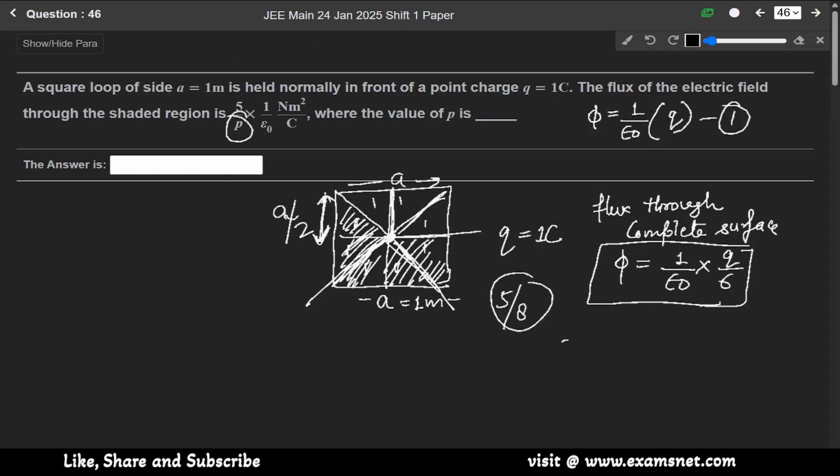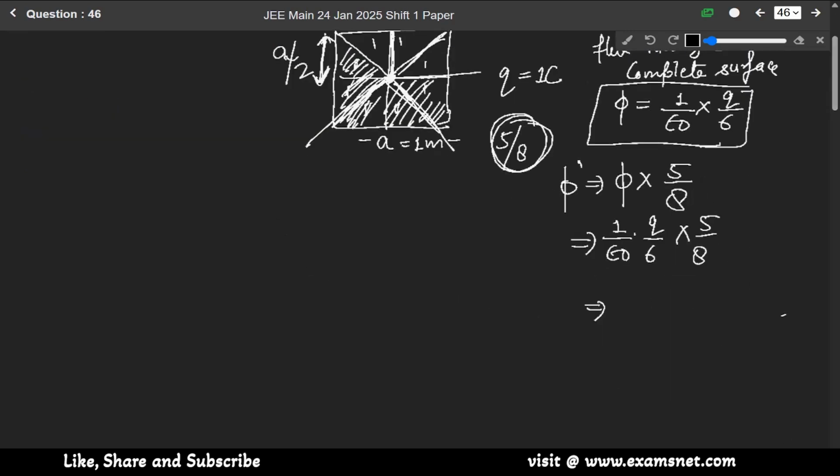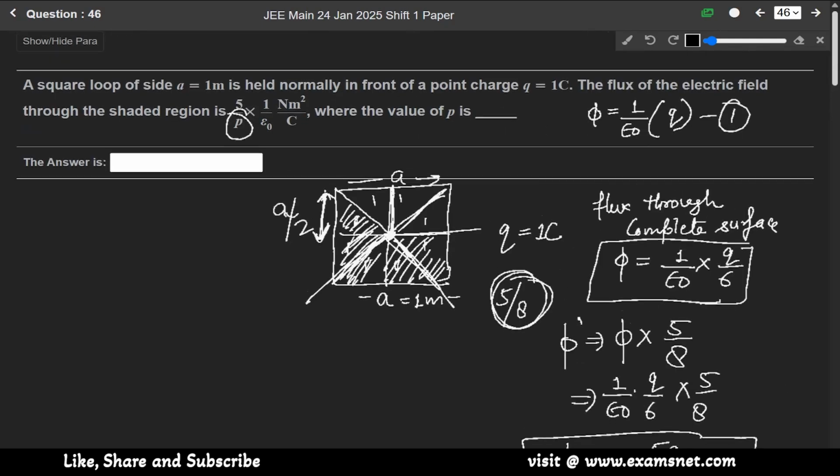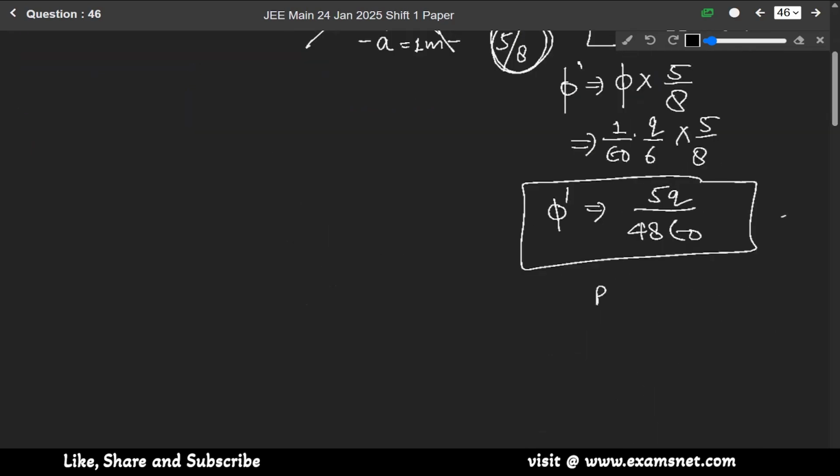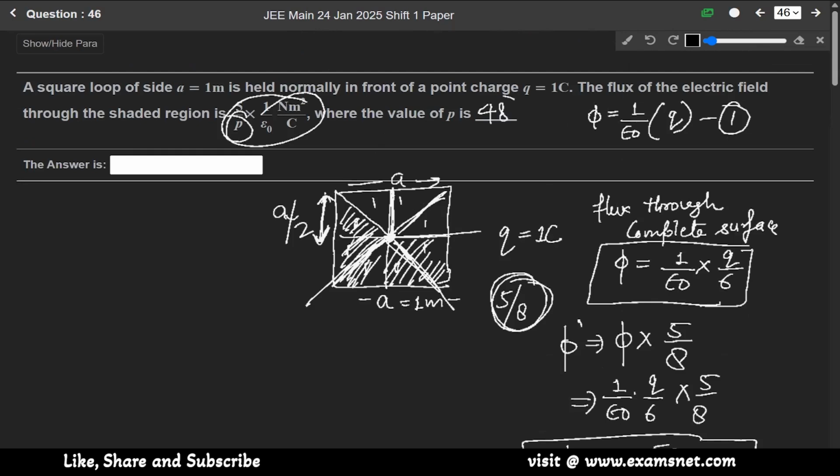So the flux through the shaded region will be this initial flux into 5 by 8. So the initial flux is 1 over epsilon naught times Q by 6 into 5 by 8. The answer will be 5Q over 48 epsilon naught. If we compare with that given in the question, the value of P is 48.